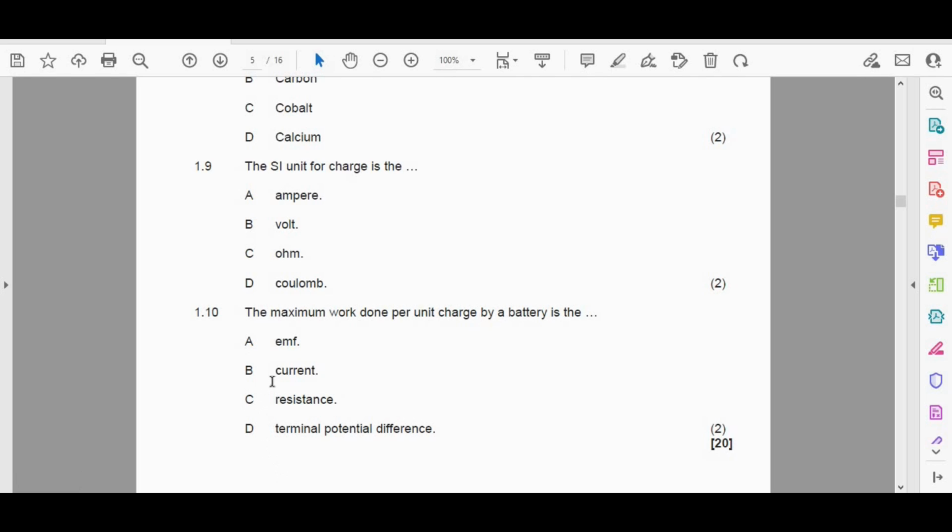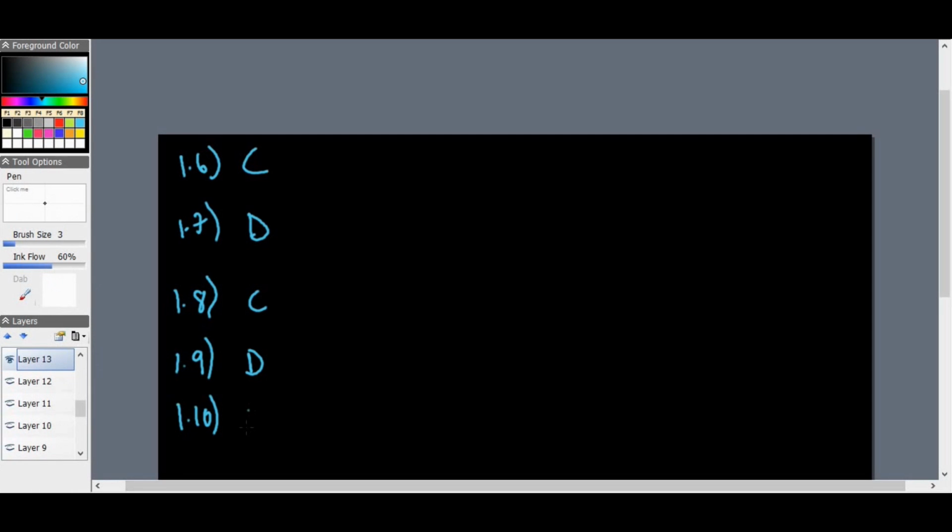Terminal potential difference is of the circuit, so it can't be that. They want to know of the battery, so it's only option A, which is EMF. We always talk about EMF of the battery, the voltage stored up in a battery, the work done by a battery. Okay, and that is multiple choice.